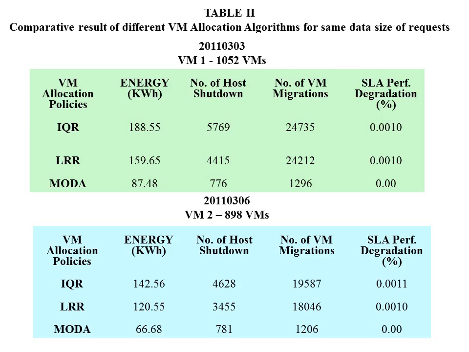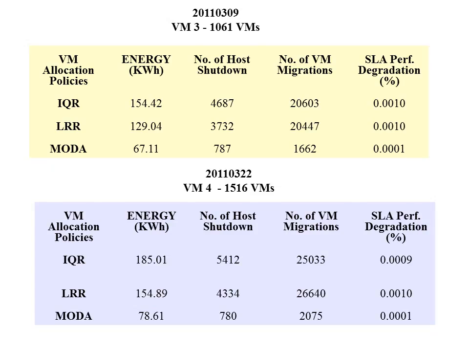And as you can find, the bottommost one is the MODA technique, which outperforms the existing IQR and LRR techniques in all the parameters. So this is again an extension of all those workloads being compared.